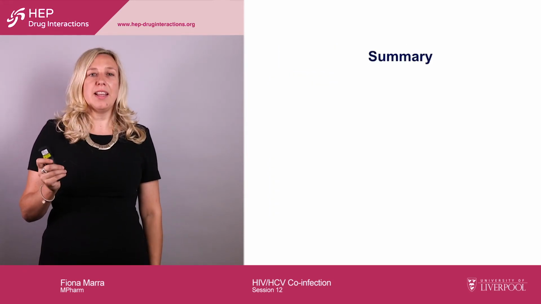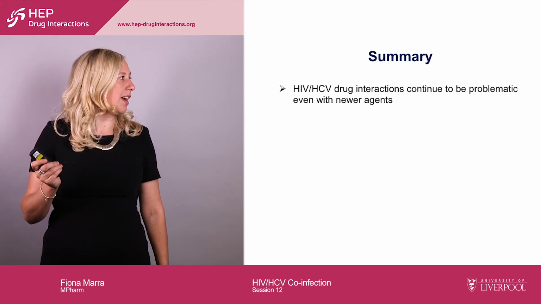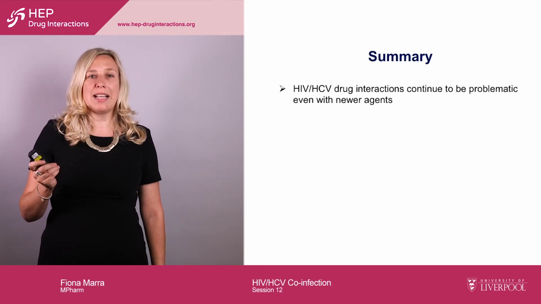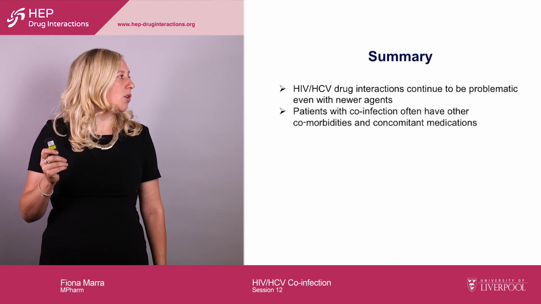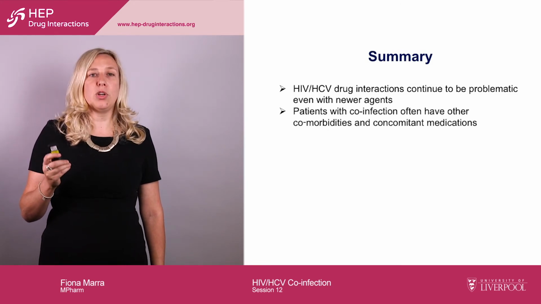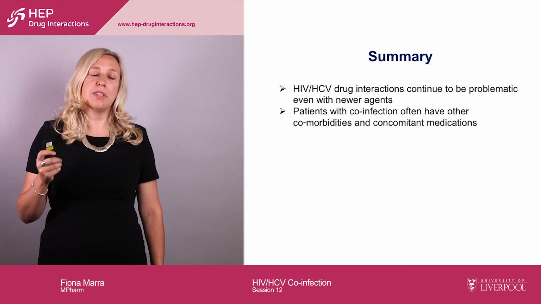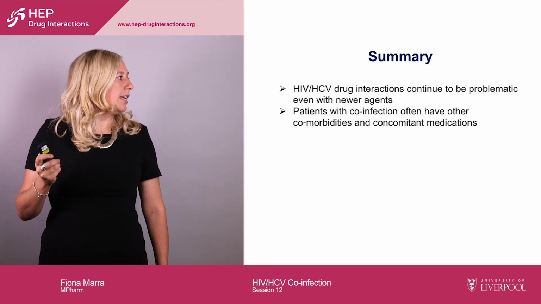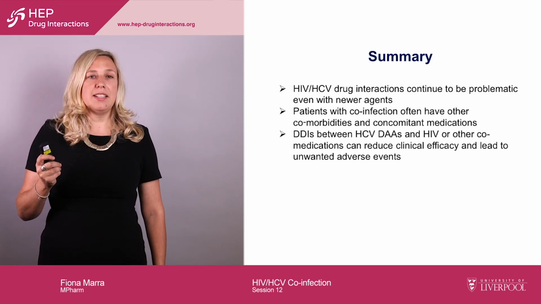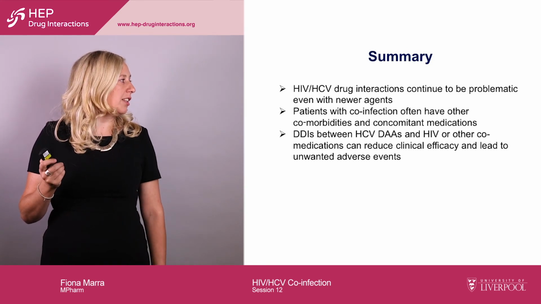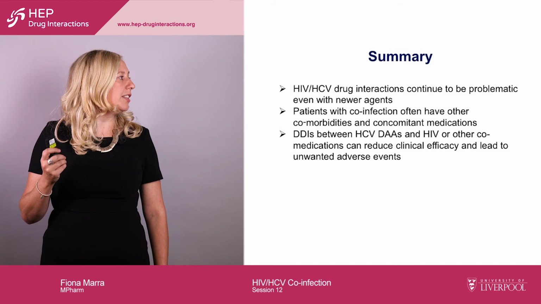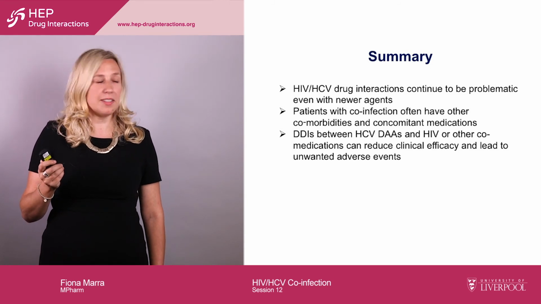So in summary, HIV and hepatitis C drug interactions continue to be problematic even with the newer agents. Patients with co-infection often have other comorbidities and concomitant medications that we need to consider. DDIs between hepatitis C directly acting agents and HIV antiretrovirals can reduce clinical efficacy and lead to unwanted adverse events.